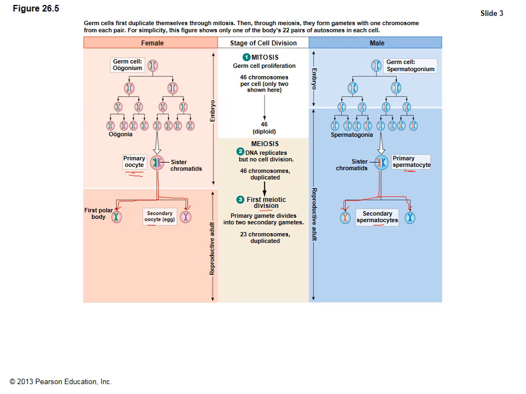Now each of these secondary gametes that are formed, the one formed in females and the two formed in males, contain one copy of the duplicated chromosomes. So as you can see, one copy of the two sister chromatids, which are linked at a centromere.